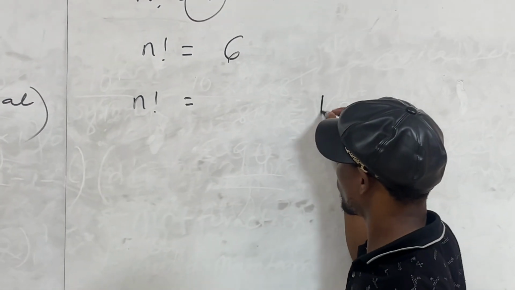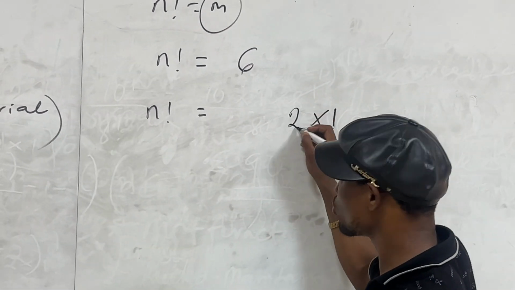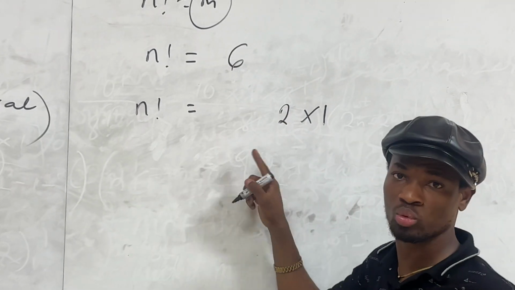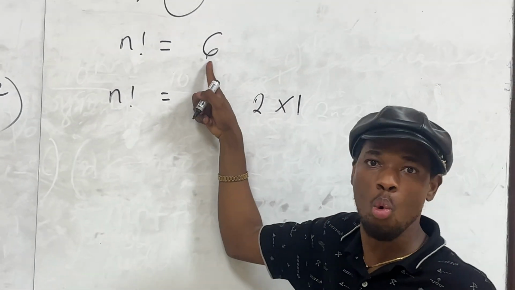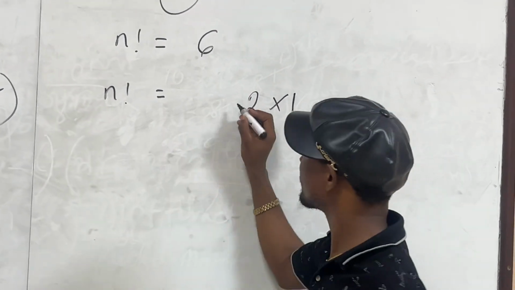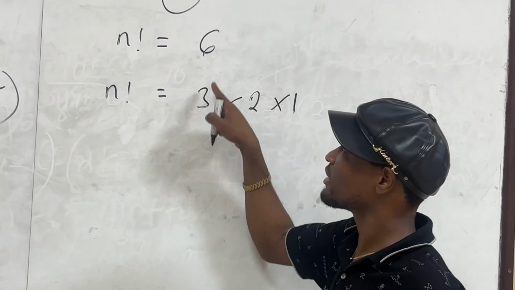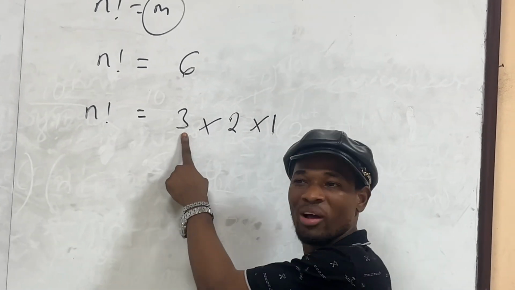So I have 1, which is not equal to 6, so times 2. We just increase by a magnitude of 1. Now let's do the multiplication: 1 times 2, is it giving me 6? No, so I'll move on to the next number. Times 3, so 1 times 2 times 3. Is that giving me 6? Yes. So I will stop at this point.